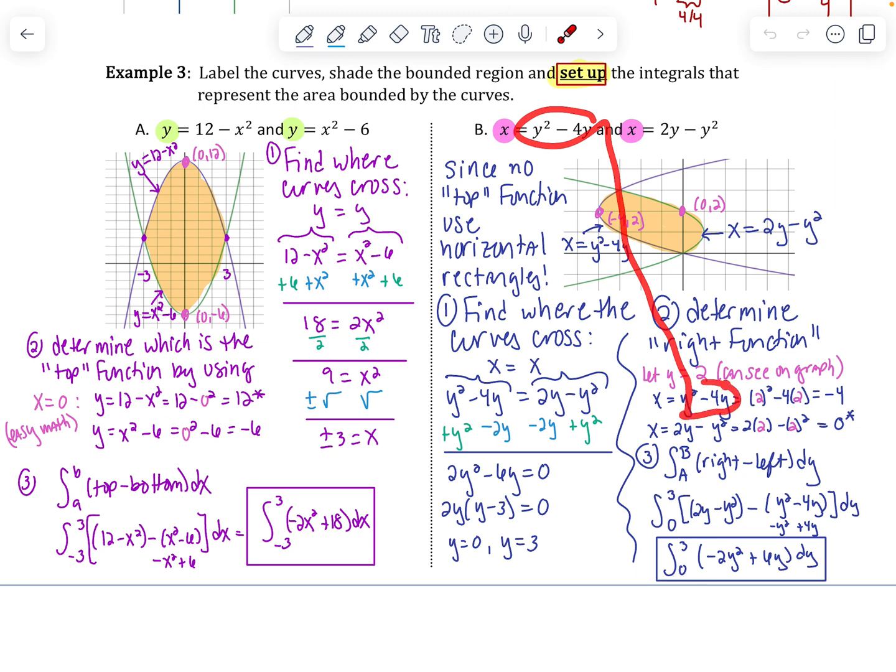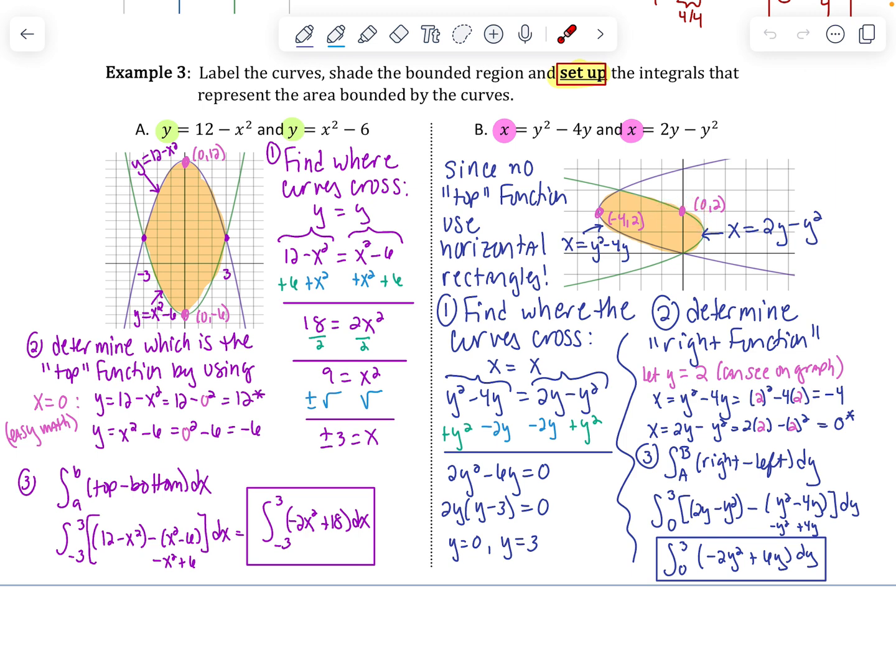I need to take my first y squared minus 4y function, plug a 2 in for y, and I get a height of negative 4. So over here at y equals 2, I got a height of negative 4. I'm on this graph. Now, taking the second function, I'm going to plug my 2 into that, which is my y value, and I get a height of 0. Well, actually, it's a width of 0, right?